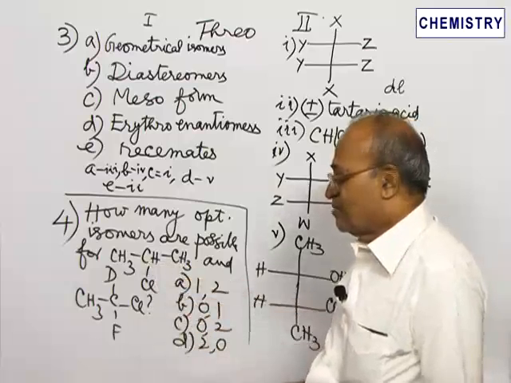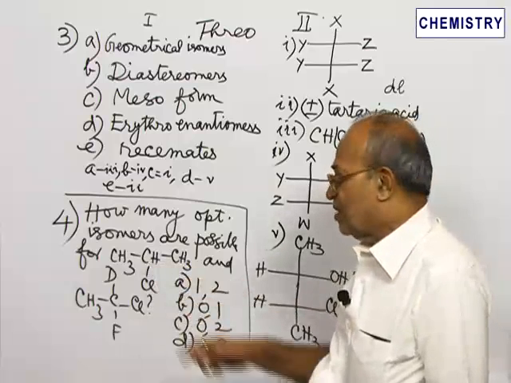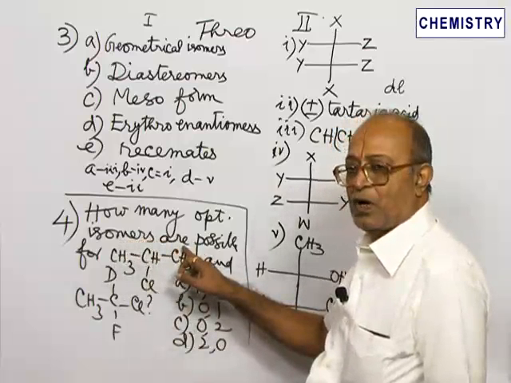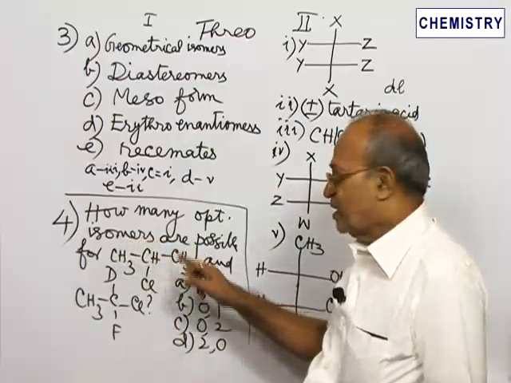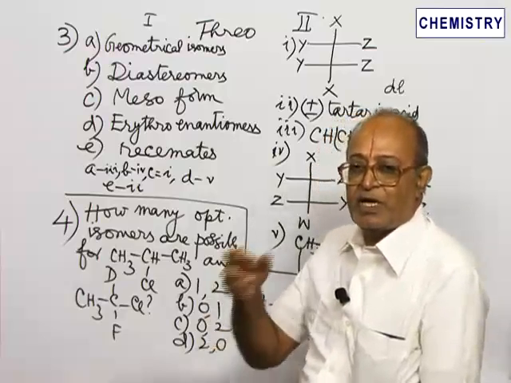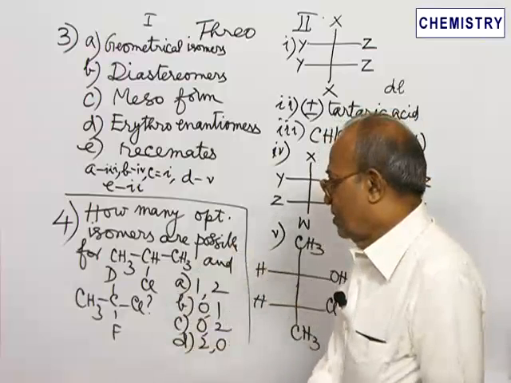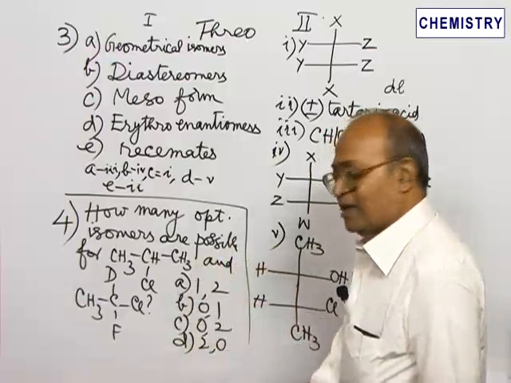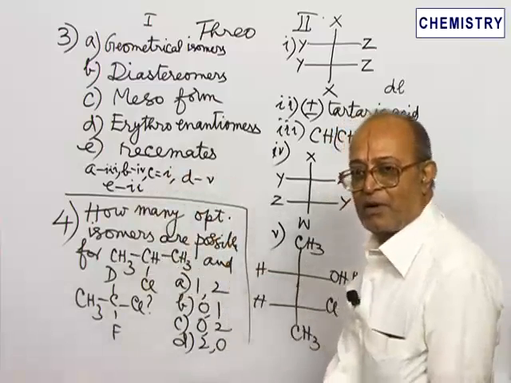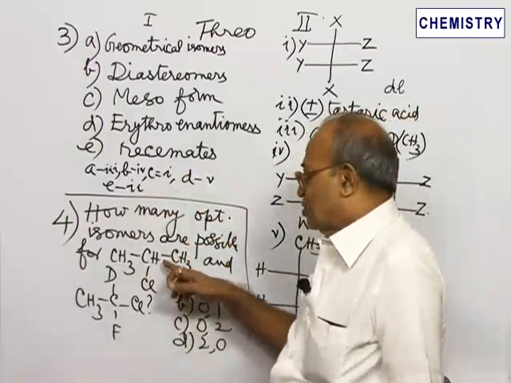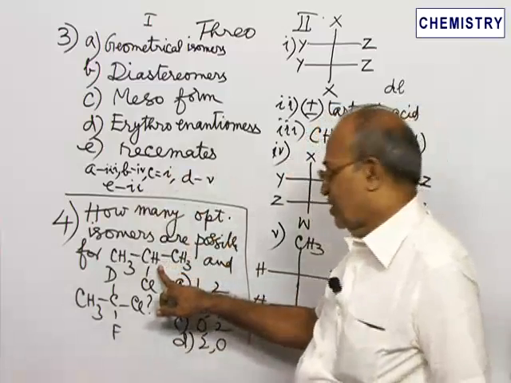The central carbon is not asymmetric because two groups out of 4 are the same groups. So optical activity is not possible. Not possible means I put 0. Consider these 4 answers. A and D you can omit. But out of B and C, which is correct? So no optical isomer, 0.